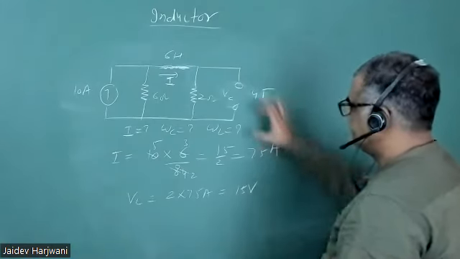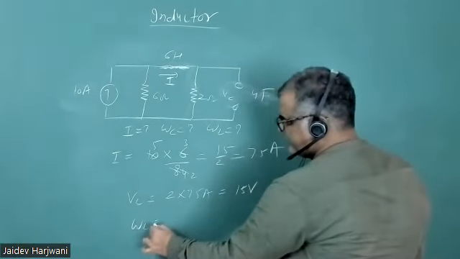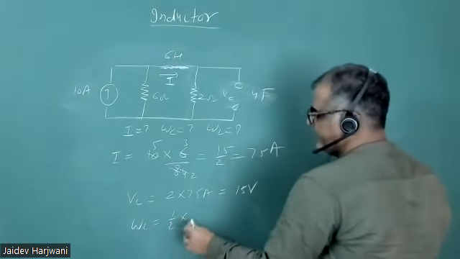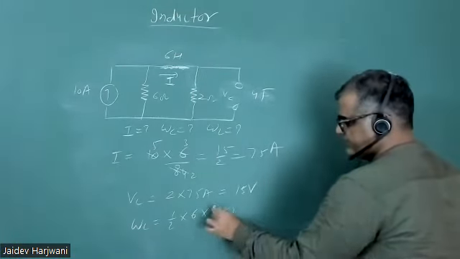15 volt, that means you can find the energy. Now omega L, half L I square, 6 into 7.5 square.